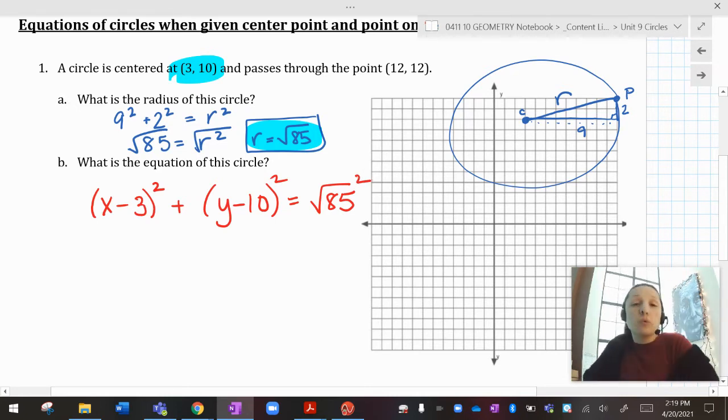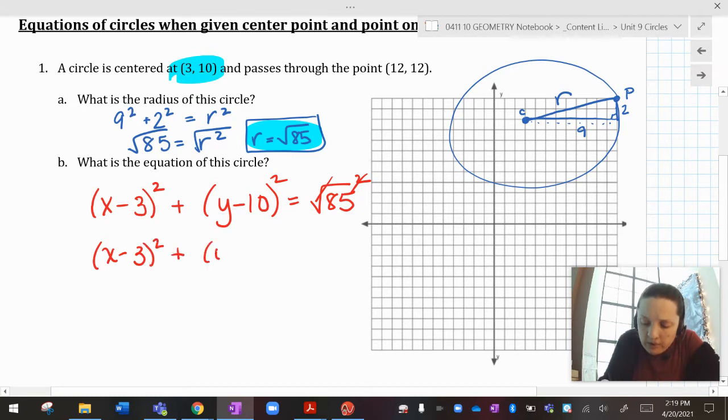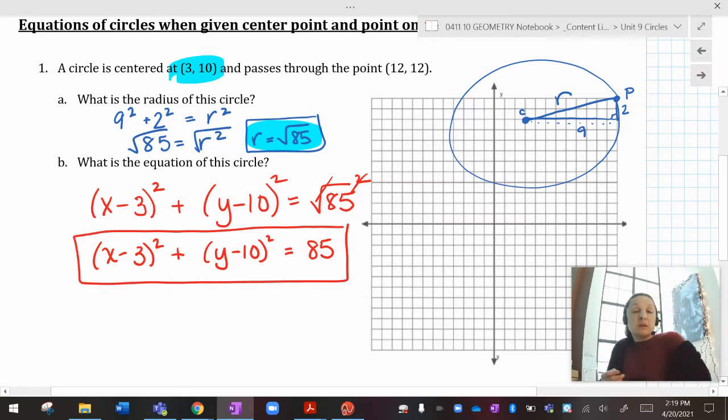When you find the equation of a circle, you negate the center and square everything. (x - h)^2 + (y - k)^2 = r^2. And the nice thing is a square root and a square cancel. So the best way to write this would be like that, and that's the equation of our circle.